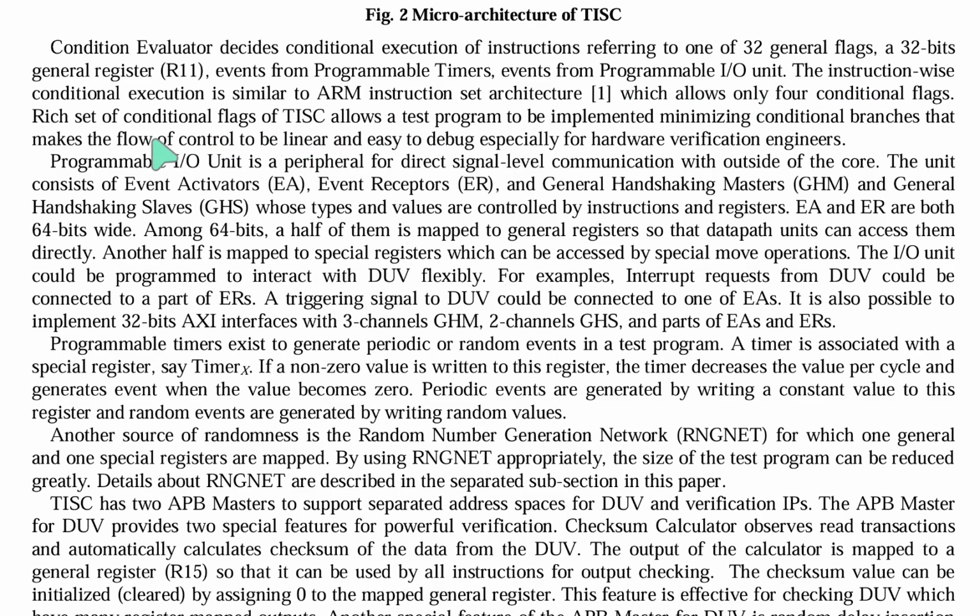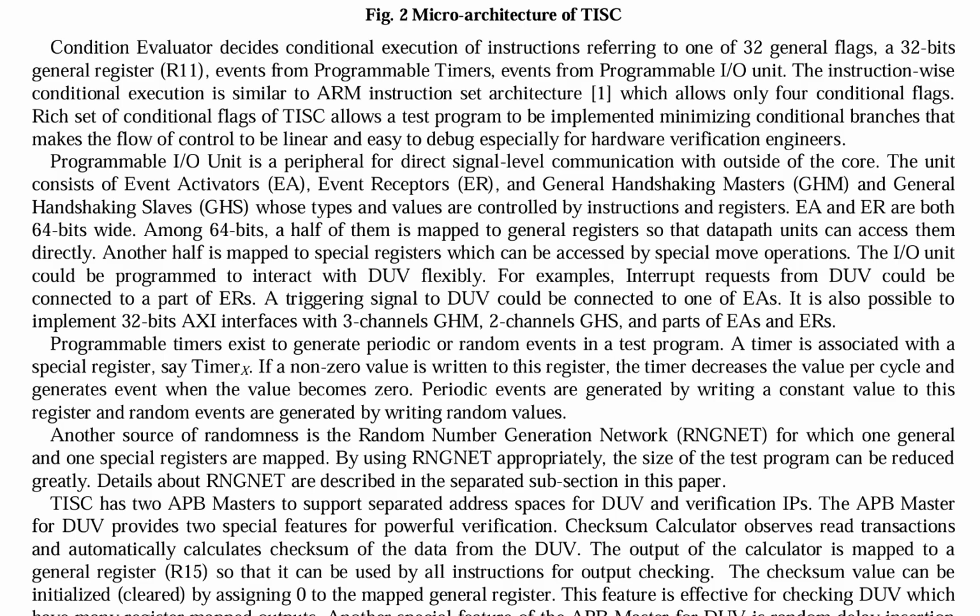The instruction-wise conditional execution is similar to the ARM instruction set architecture, which allows only 4 conditional flags. The rich set of conditional flags of TISC allows a test program to be implemented minimizing conditional branches, which makes the flow of control linear and easy to debug, especially for hardware verification engineers.